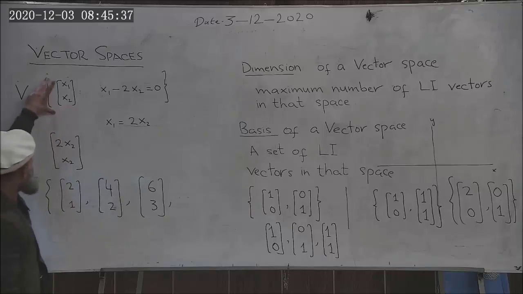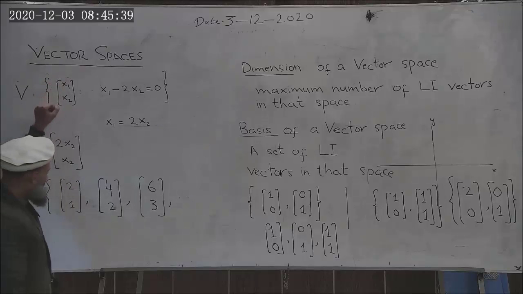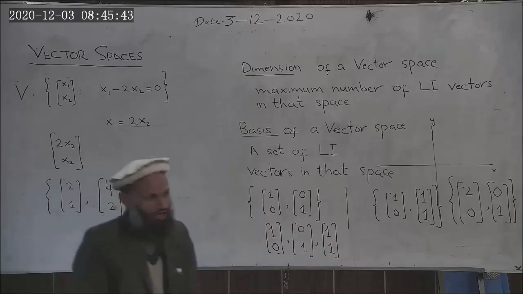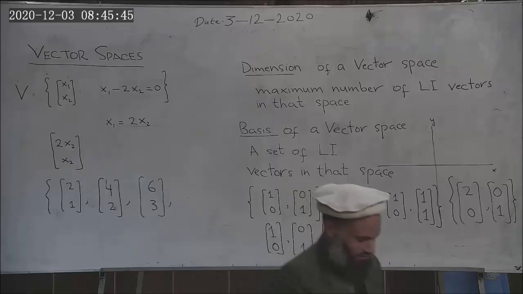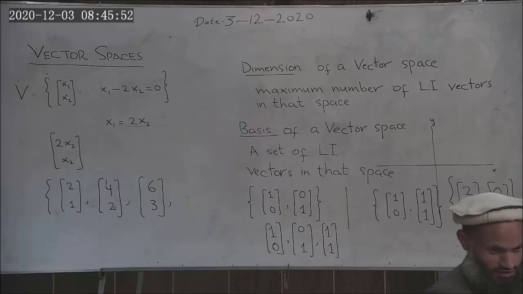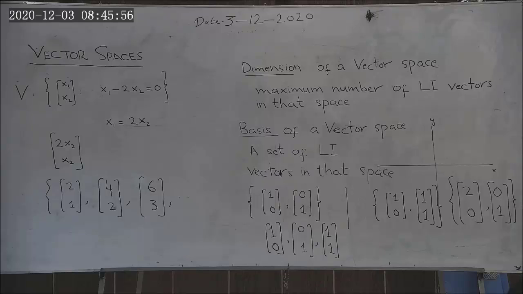Infinite elements. Some of them I have written over here. How many among these vectors are linearly independent? There is only one linearly independent vector in this set. So what is the dimension of this vector space? The dimension of this vector space is 1, because there is only one linearly independent vector in this set.